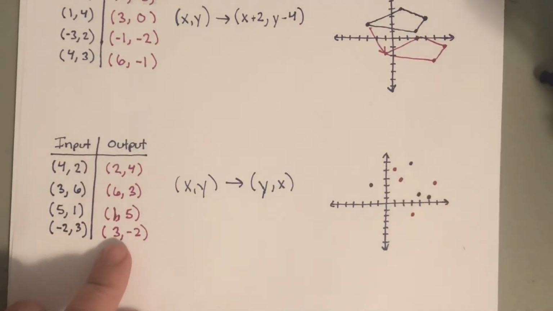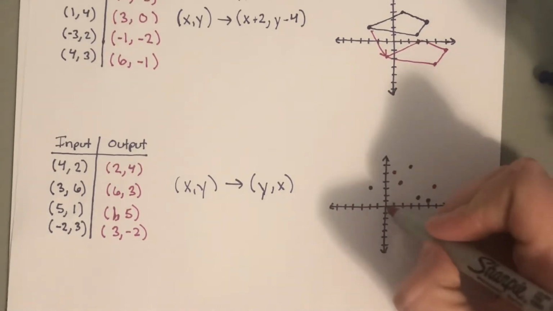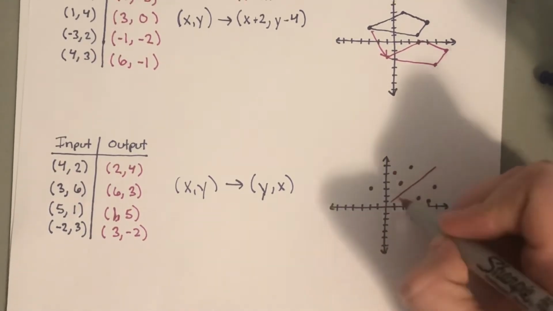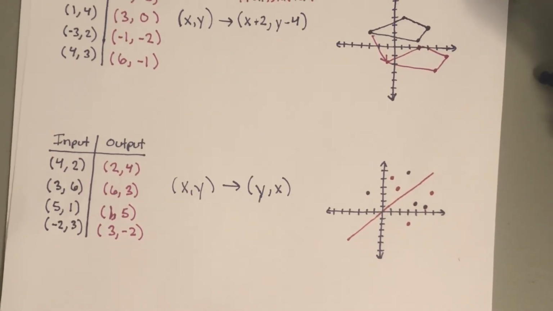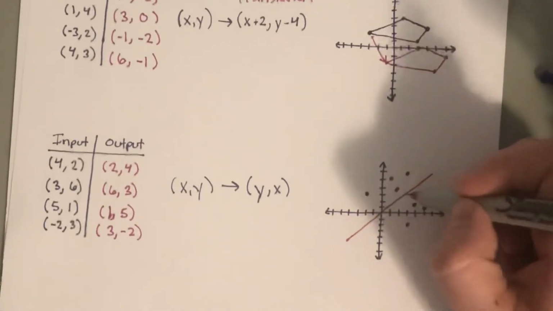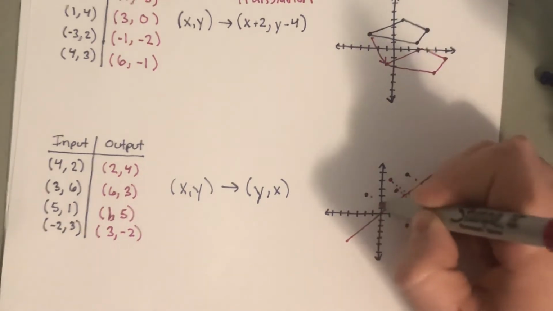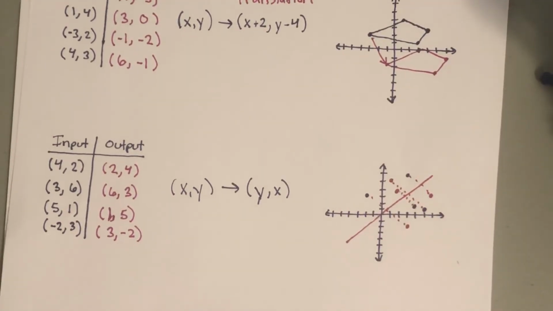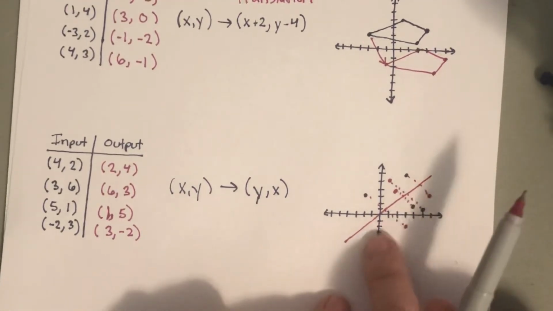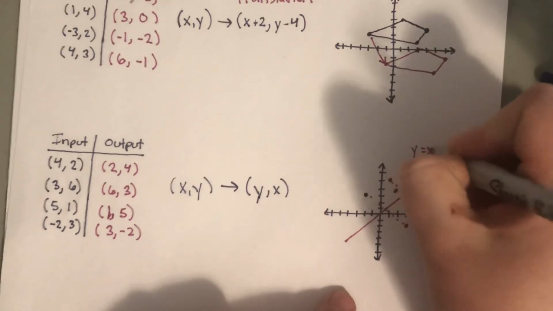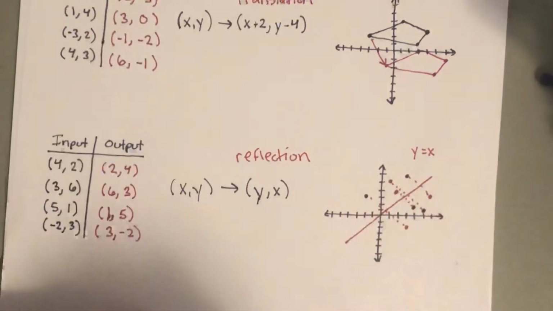Now that might just look like kind of a jumbled mess, but actually what's happening is it's reflecting all of the points over this diagonal line right through there, the line y equals x. So for example, that goes there, that goes to that one, and that one. So when you flip them like this, it's a reflection over this line right here, the line y equals x. So this is a reflection.